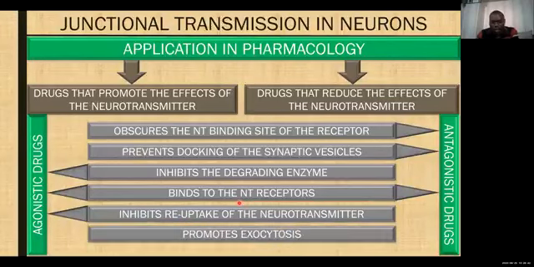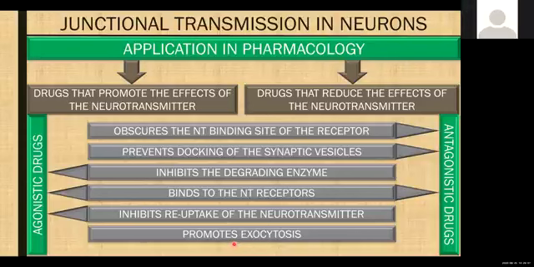Okay, one last one. If you have a drug that promotes exocytosis of the synaptic vesicles, what will that do? Yes, Camilla, try. An agonistic effect.